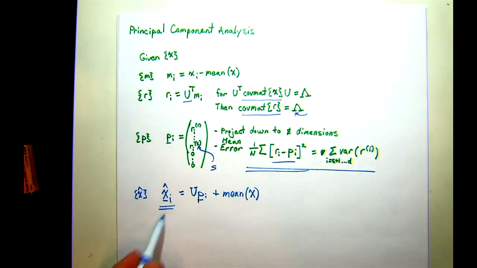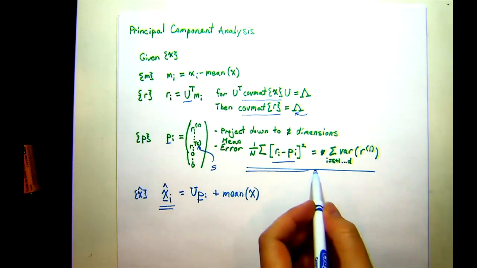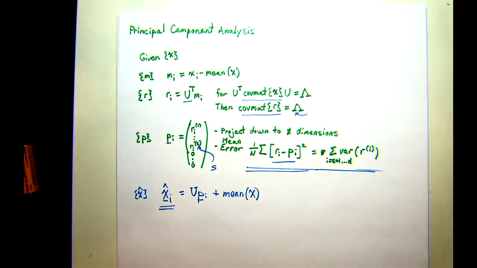So the error for this is exactly equal to that, which is a nice thing. We don't have to worry about doing some sort of translation and rescaling of those variances. It just comes back out to be the same, which is good because we chose the projection to minimize the error in that translated rotated space. So we obviously want that error to be representative in the original space.